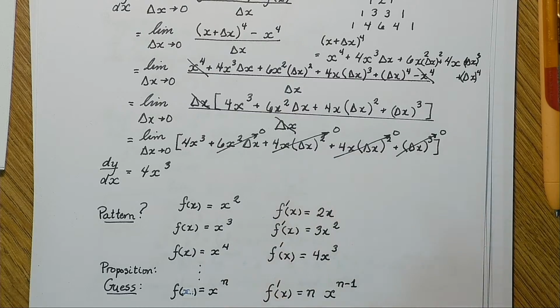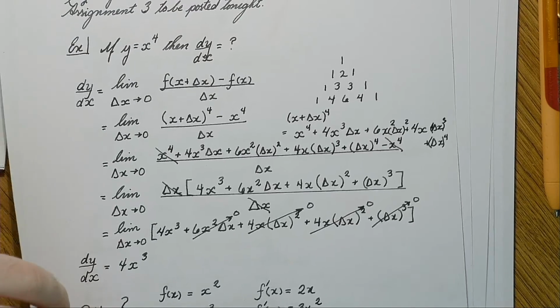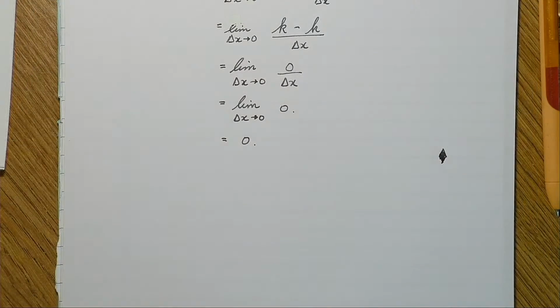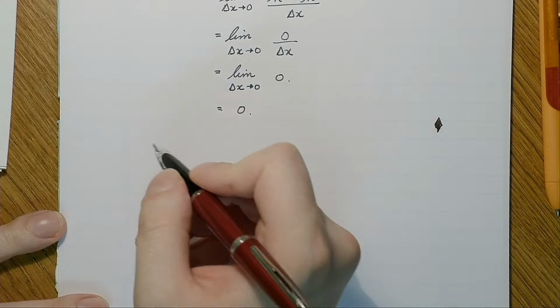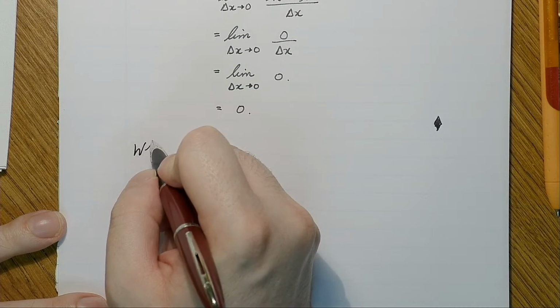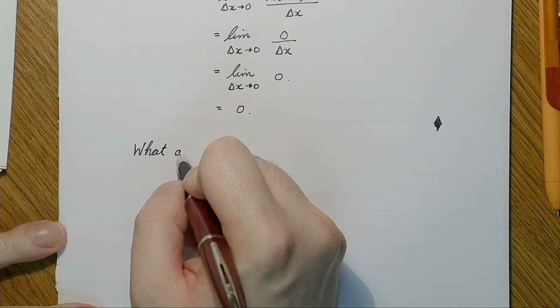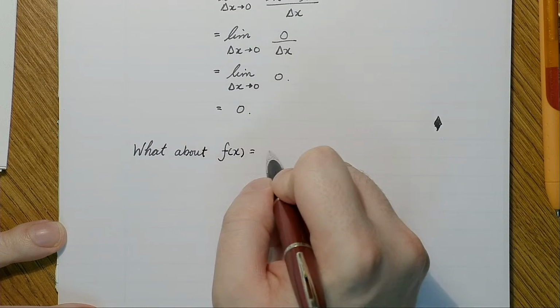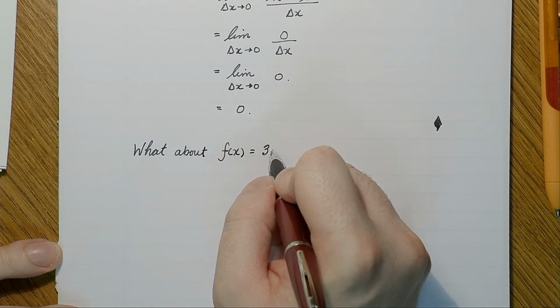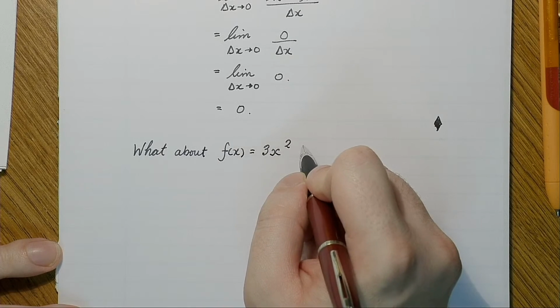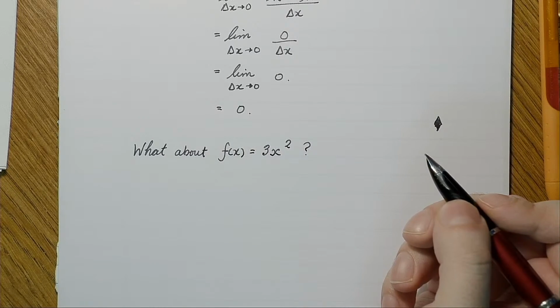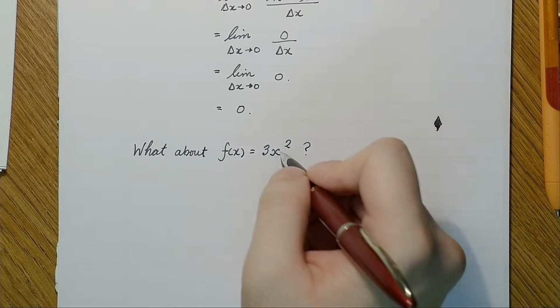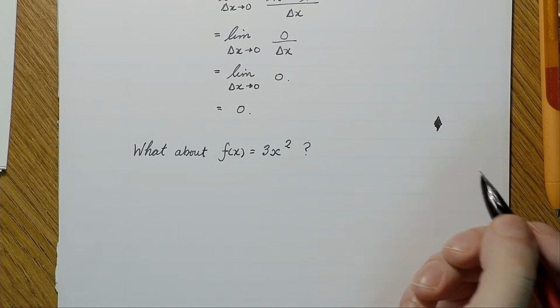But what about some sort of number, like if we have a function like 3x squared? Well, we can't really apply our rules. It doesn't say anything to do with that.